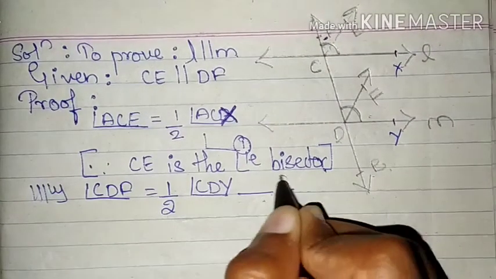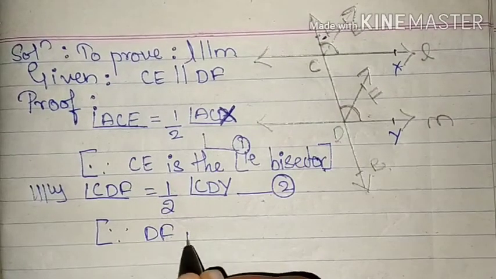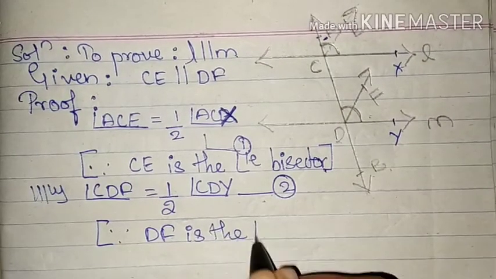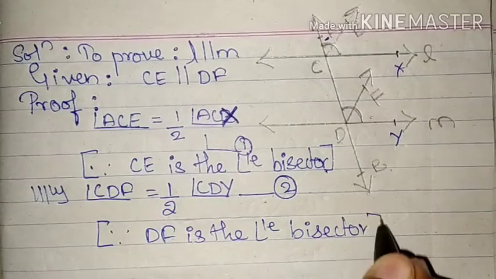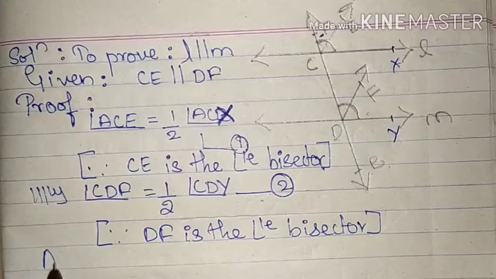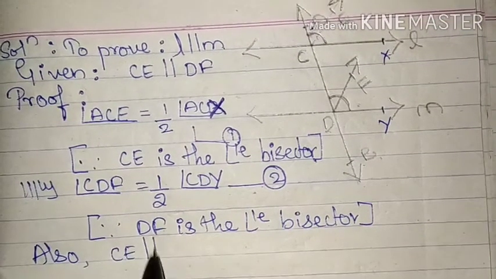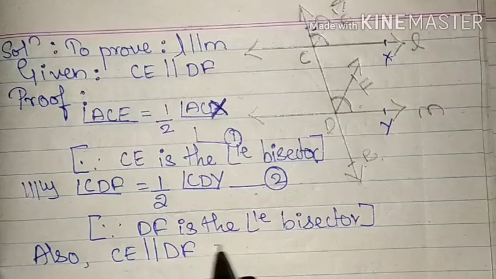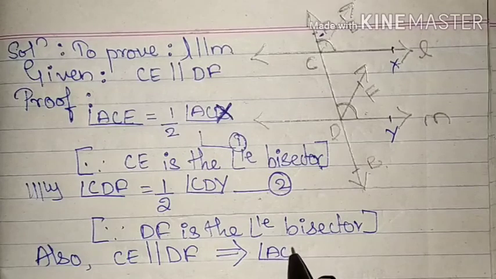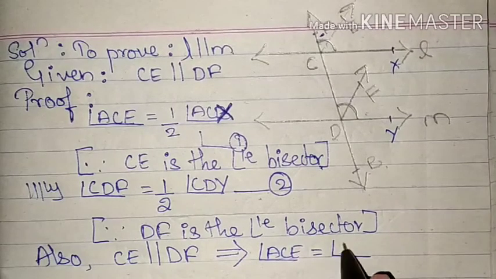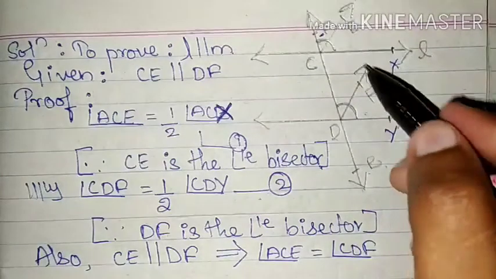This is our second result, because DF is the angle bisector, right? Also, CE is parallel to DF. They have given us. This implies angle ACE is equal to angle CDF, right?